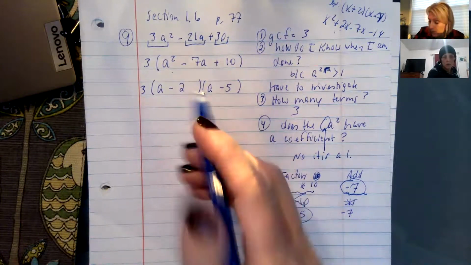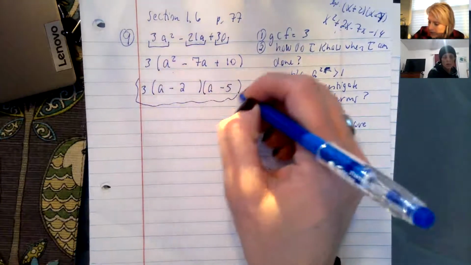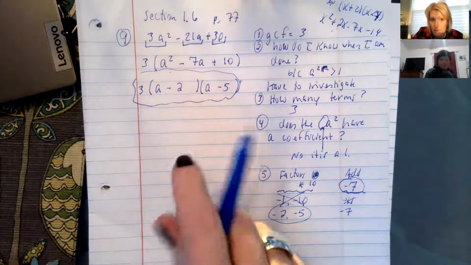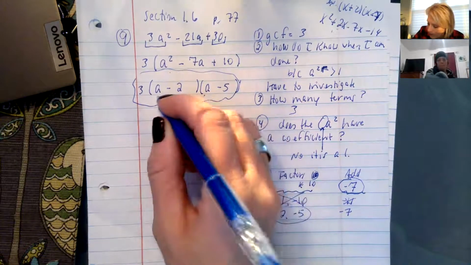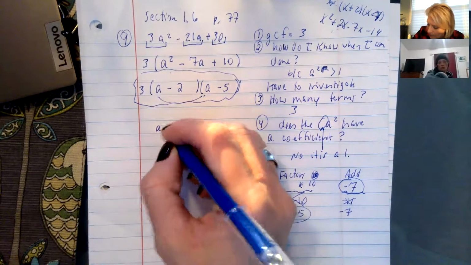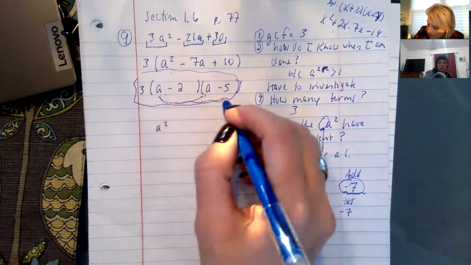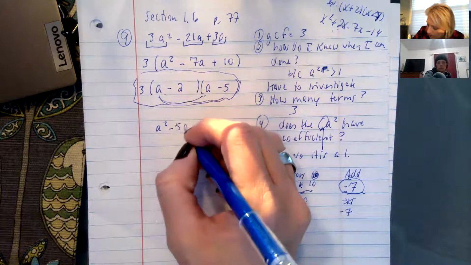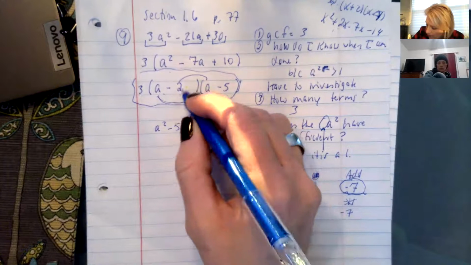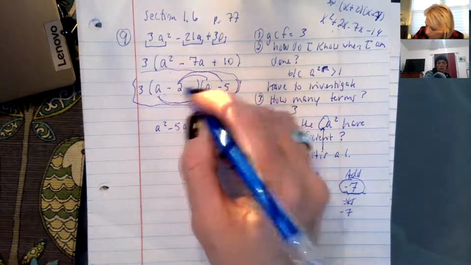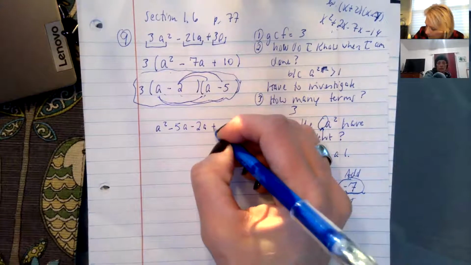Now I'm just going to check my work. This is my final answer, but I want to make sure it is in fact true. So if I were to multiply these again, I would get a squared. I would get a -5a. On top, I would get a -2a. And then the -2 times the -5 is a +10.